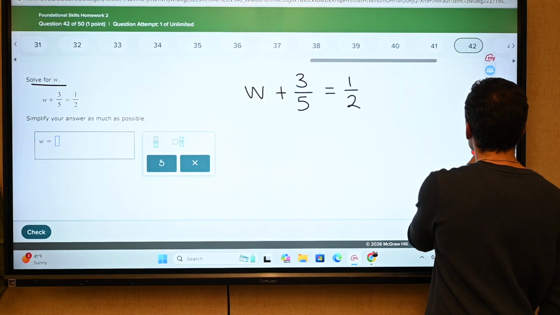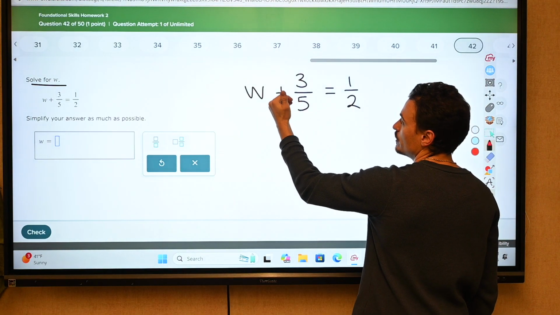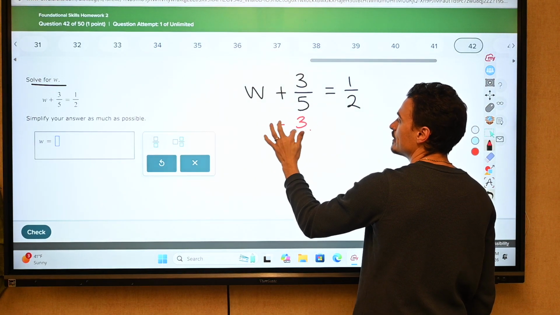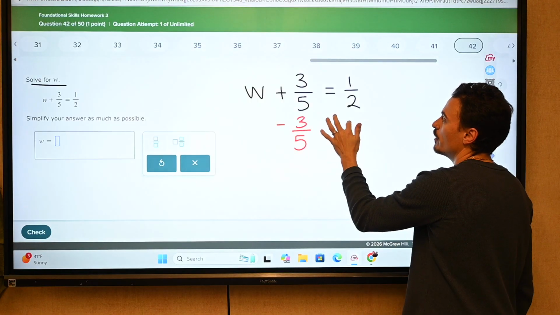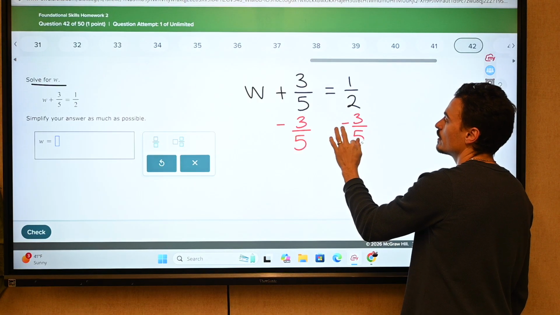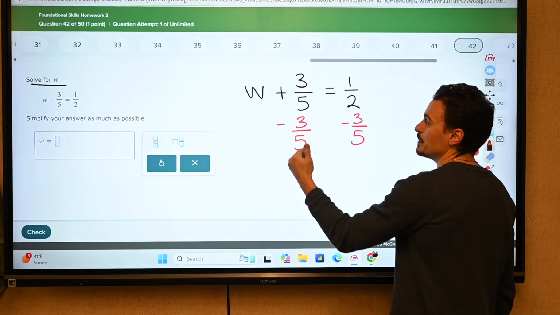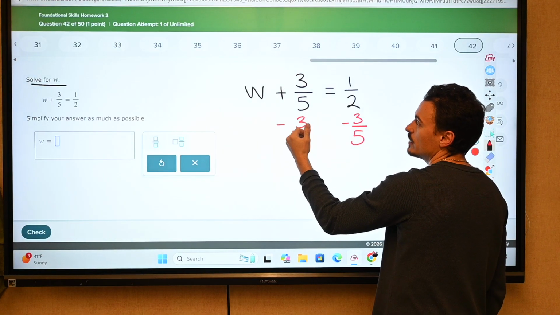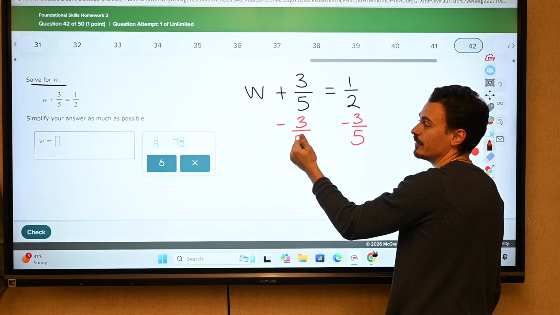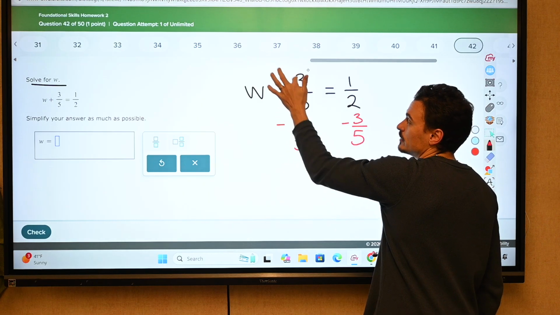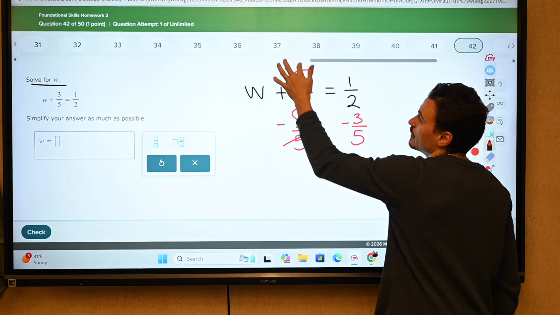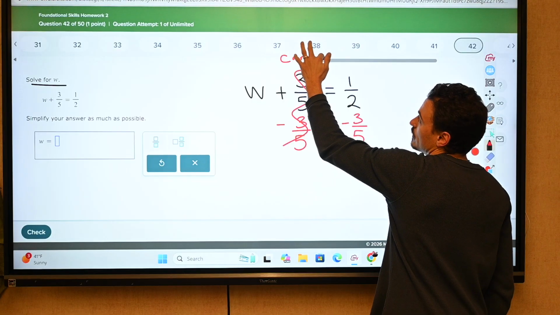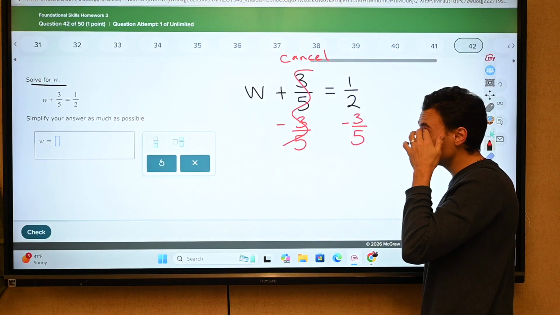So right here, we're going to want to subtract 3/5 on both sides, so that we can do the opposite of adding 3/5. The opposite of a positive 3/5 is a negative 3/5, so these cancel. The reason they cancel is because they're opposites.